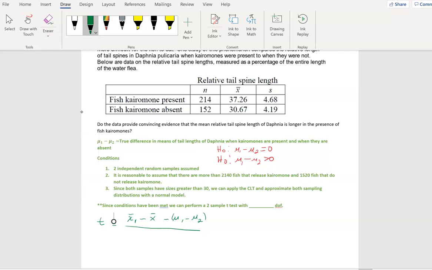So again, this is the general formula, and then for the standard deviation, which you can find from the formula sheet, it's S1 squared over N1 plus S2 squared over N2.